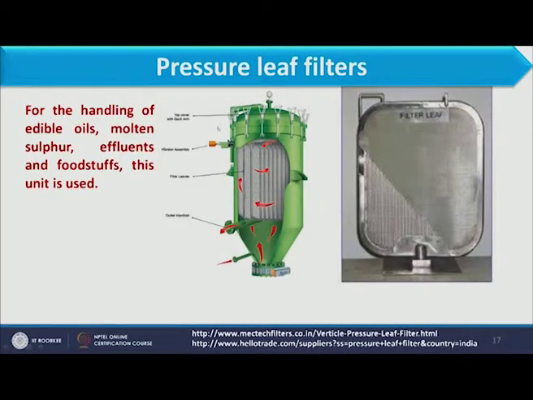A single leaf has many layers of mesh wire. So as cake is deposited at the outer surface of the leaf only, the filtrate penetrates through this, and that is collected through this pipe.